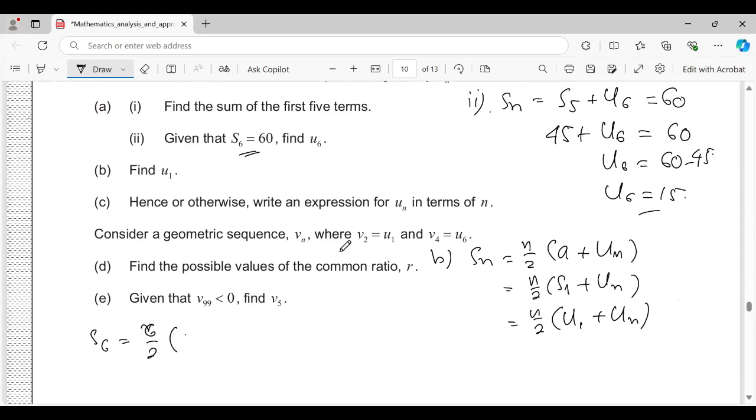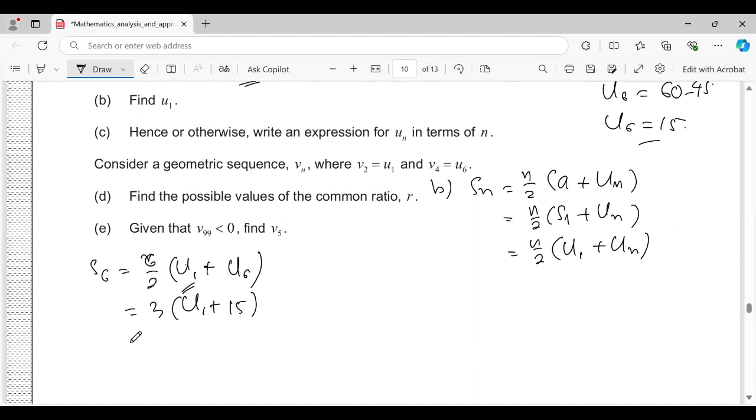We are looking for U1 first plus U6. Okay, we need to find this one. 3 times U1 plus U6 is 15. It becomes 3 U1 plus 15.